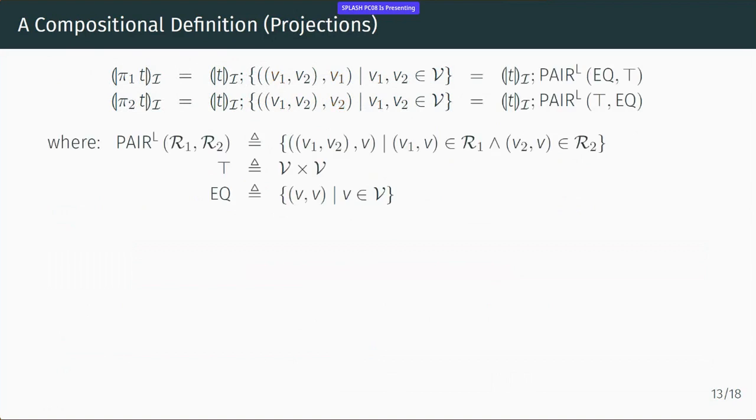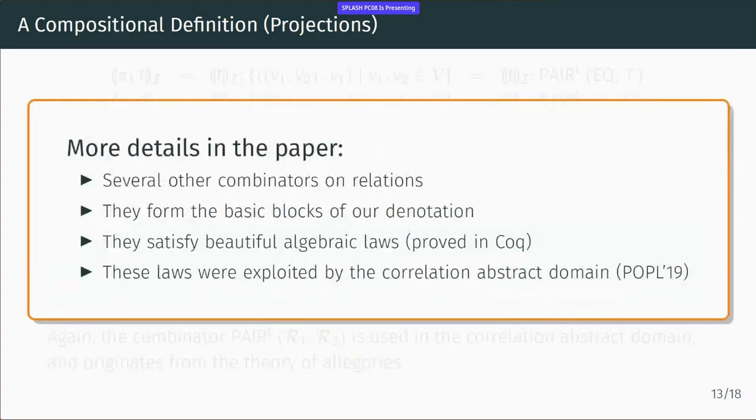Let me spare you the details about another example. What you should remember is that in the paper, we define several other combinators on relations, and that these combinators form the basic blocks of the denotation that we define for interpreting lambda terms into stable relations. And they satisfy beautiful algebraic laws that we have proved correct in Coq.